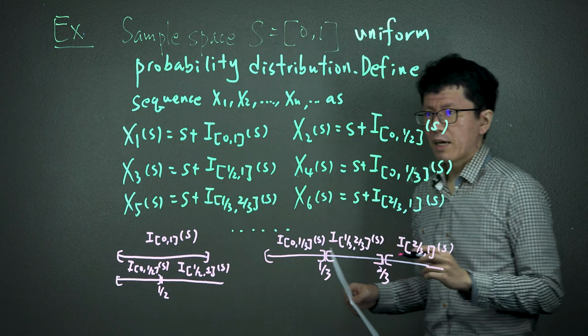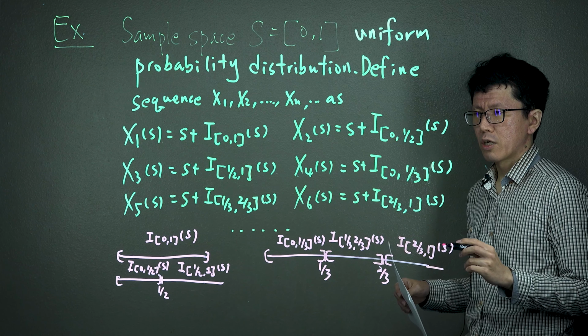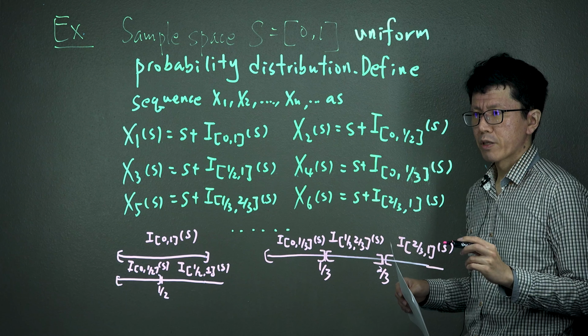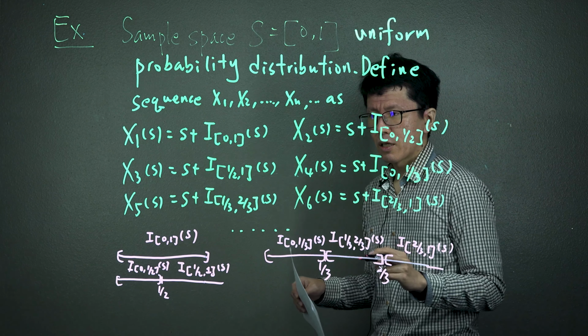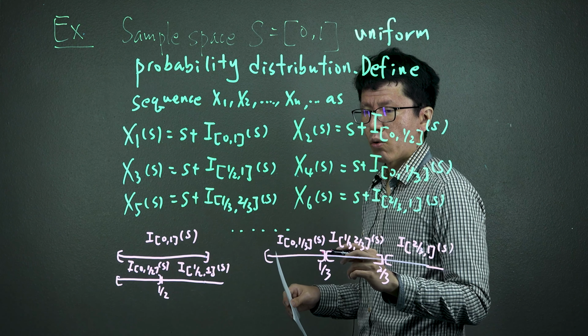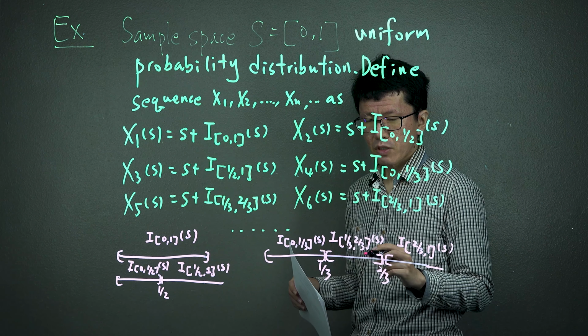So you can see that each interval with respect to the indicator is shrinking as n goes to large. So the length of the interval is shrinking.